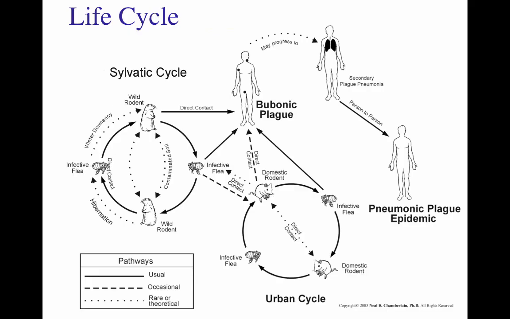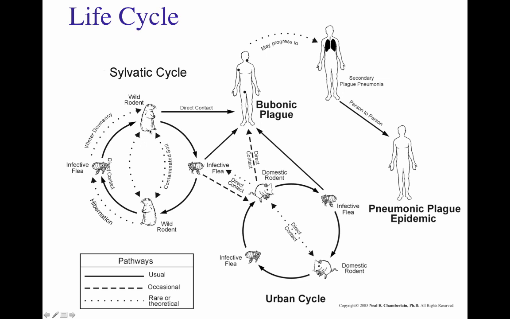So what we have over here in this image is the sylvatic cycle, in which you have some kind of wild rodent that is infected and is bitten by a flea, and the flea is able to pass that disease to another animal that is also now going to become infected. You can also have exchange between animals, as shown here by this other animal.